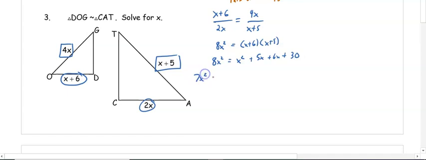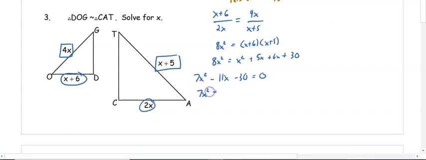So we're going to move everything to the larger x squared side. So we get 7x squared minus 11x minus 30 equals 0. In order to factor, we're going to have to factor using split the middle. So we want to multiply 7 and negative 30 together to get negative 210. And we need two numbers that multiply to negative 210 and add to negative 11.